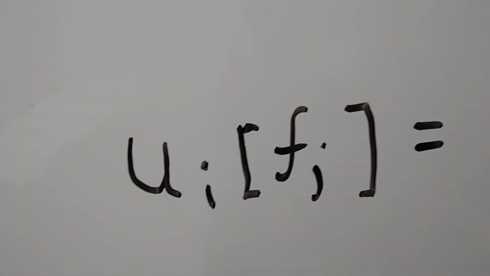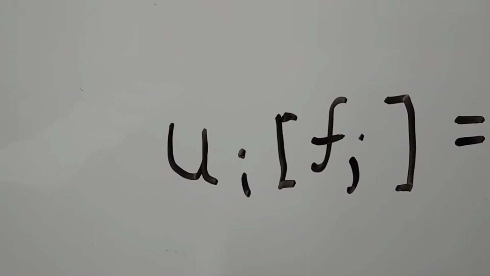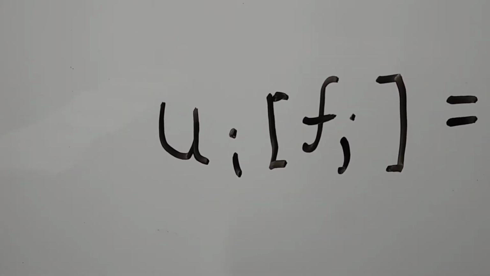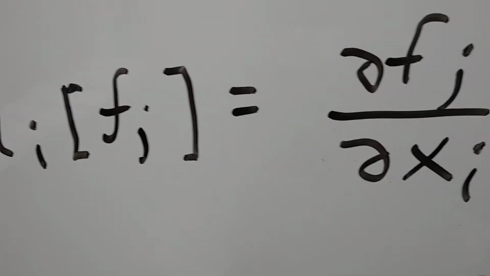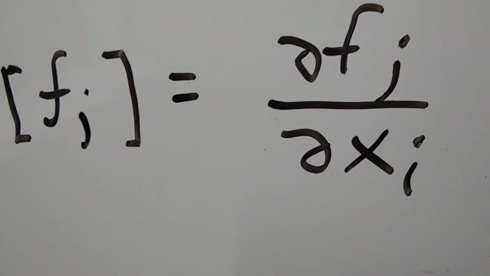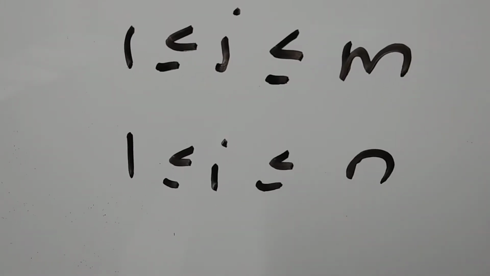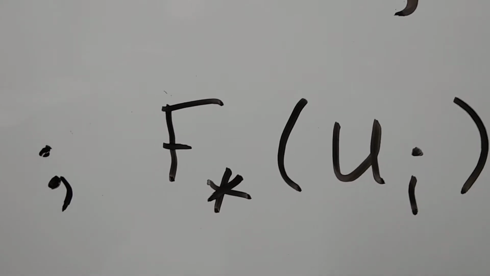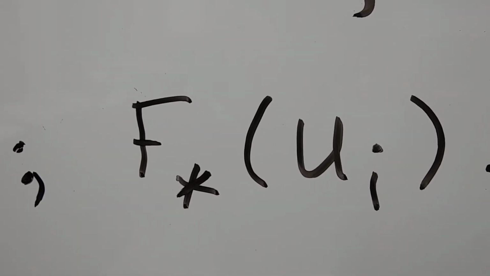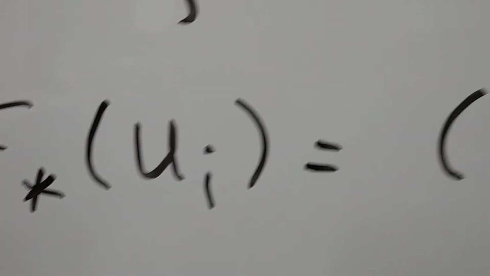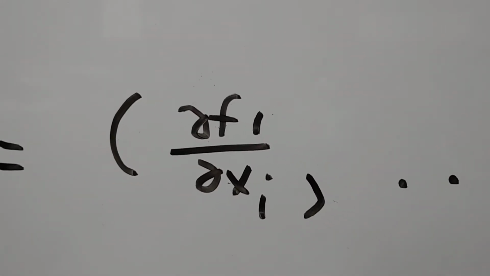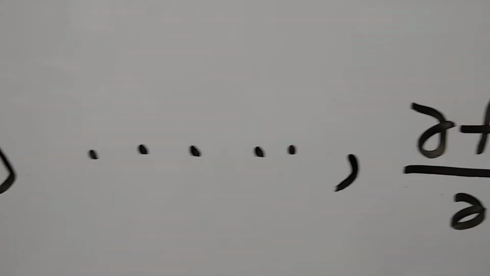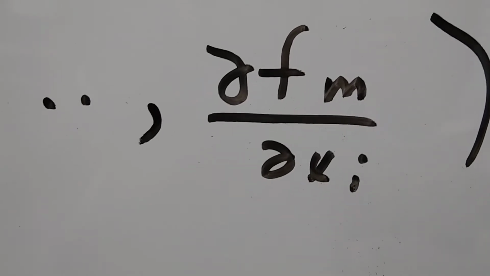Okay, and it turns out that the ith frame vector field applied to the jth Euclidean coordinate function is just going to be the partial of f j with respect to xi, where of course j goes from 1 through m, and i goes from 1 through n. In particular, since a frame field is also a vector in a sense, we can say the tangent map on u sub i is just going to be the partial of f1 with respect to xi all the way down to the partial of fm with respect to xi.